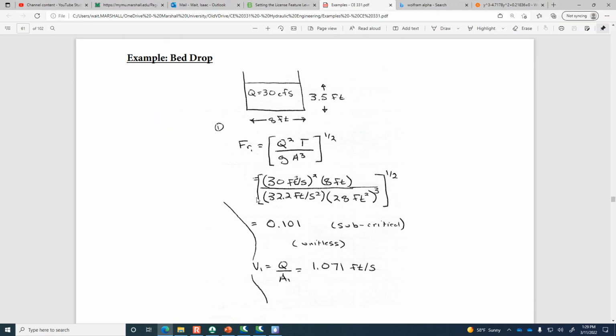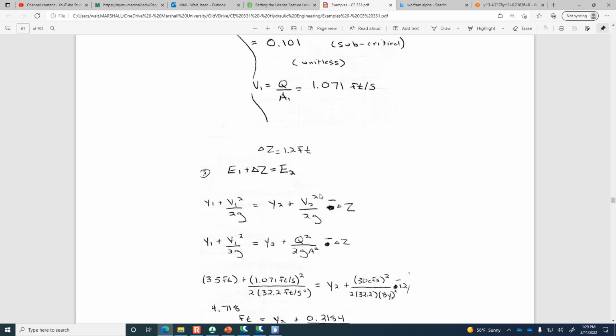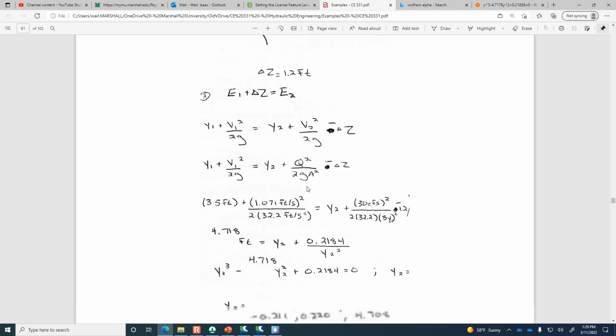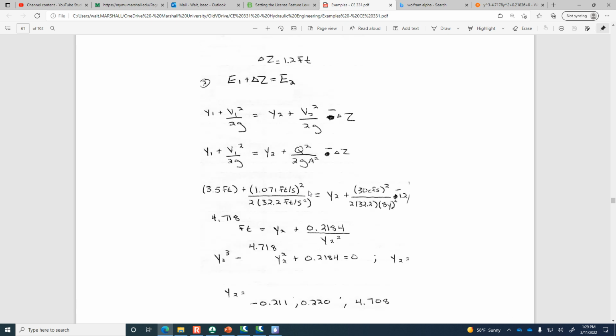I started off by calculating the Froude number rather than calculating the E1 first, but the point is it was subcritical upstream, and you find out how much energy is there at location 2. And so in that same method, 4.708 is the subcritical root. So that will be the new depth.